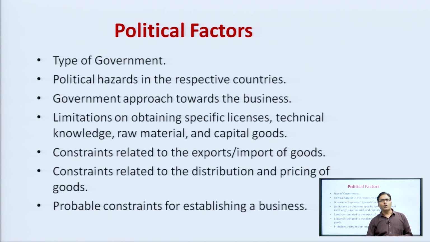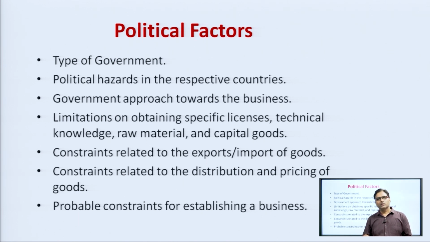All those factors are called political factors. Political factors are basically associated with the type of government, which type of government is there where you are going for international business.